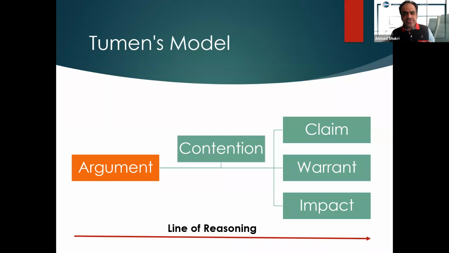Then once you establish this, you need to create three important elements in your argument. Number one, claim. Number two, warrant. Number three, impact. Claim is the actual statement you're making or you're proposing for or against your argument.